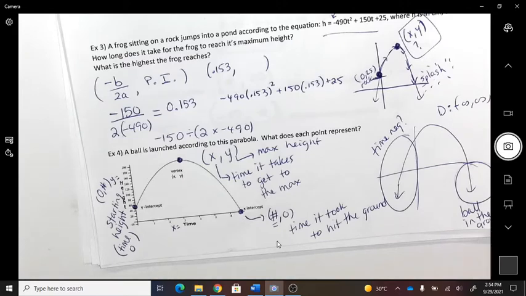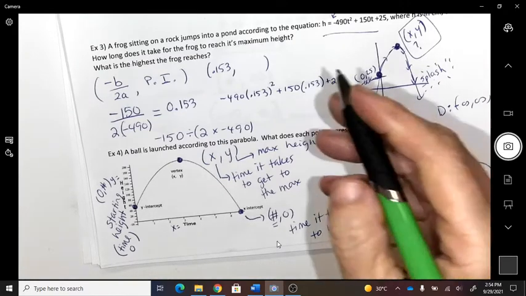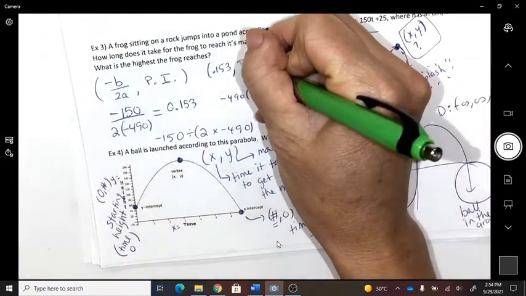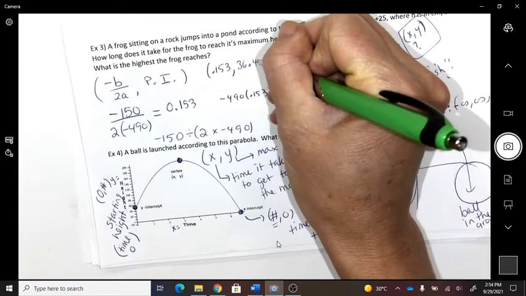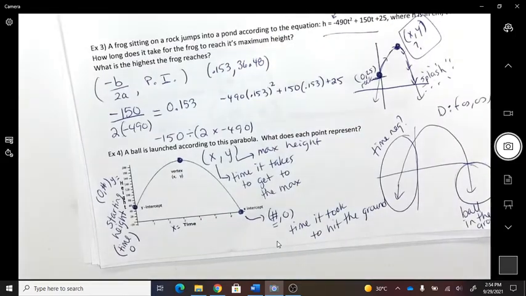You want two? Just 2 is good on that one. Is it 36 point something? Yeah, 48. Okay, so that's the vertex.